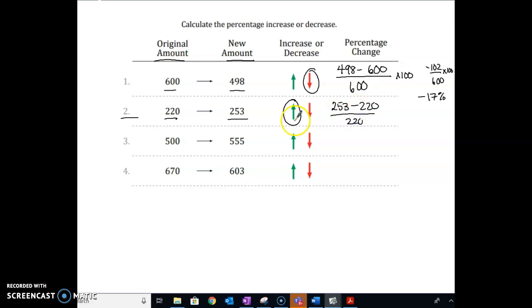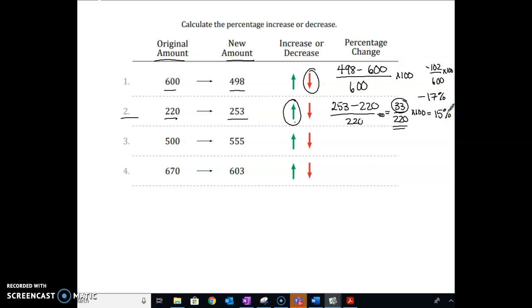So you know, again, it's going to be an increase. You're going to get 33, and then you're going to multiply that by 100, divided by 220. So this is the change that you found, divided by the original number, times it by 100. And you're going to get positive 15%, or an increase of 15%.